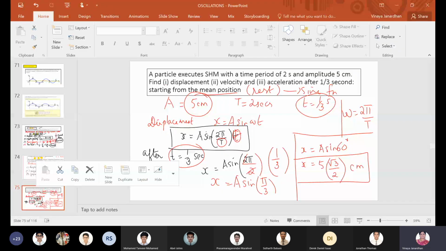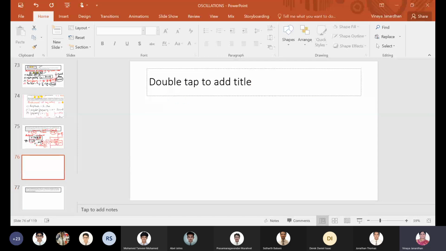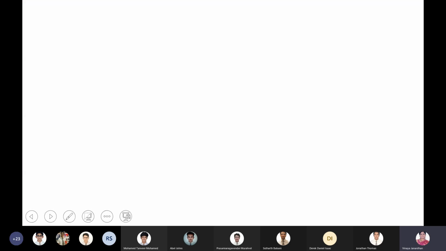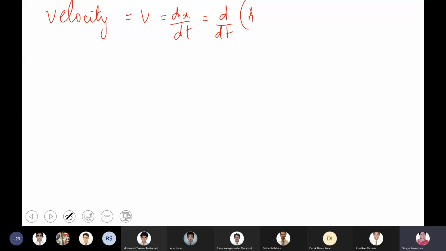So what is velocity? V is equal to dx by dt. What was x? A sine omega t.